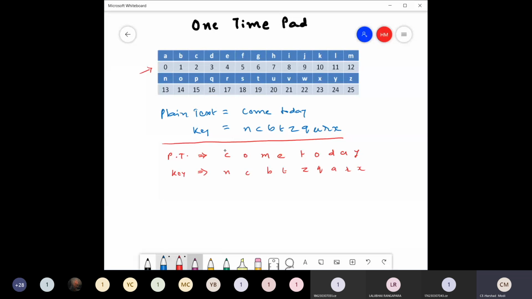Now we have to assign the decimal value to each character of the plain text as well as the key.